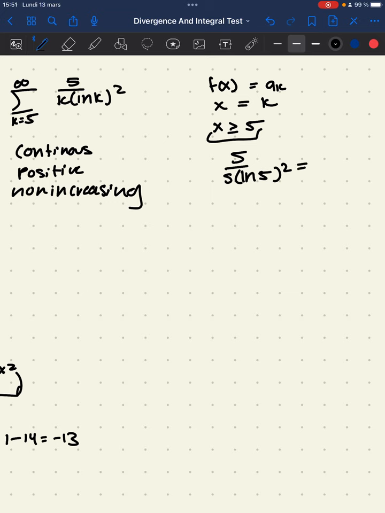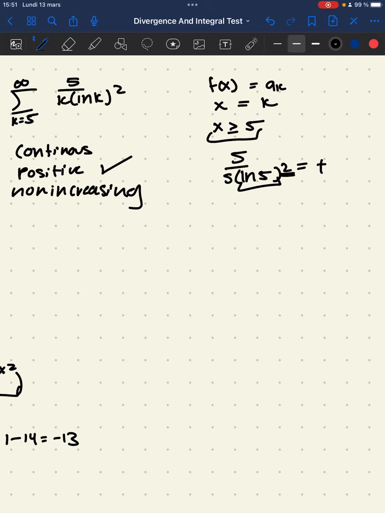This will give you a positive number, because if you were to put anything right here into natural logarithm, it should give you a positive number. Plus, it's also squared right there, so whatever's inside that square, it'll be positive. Therefore, it is positive.